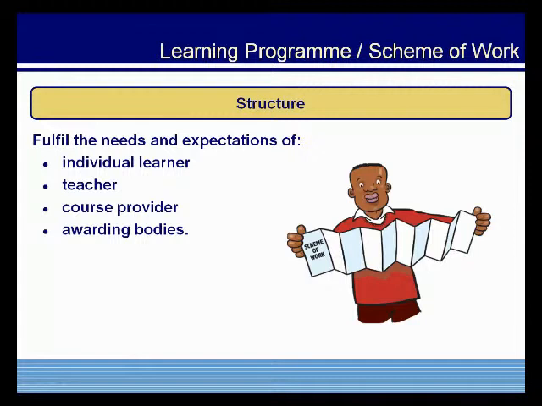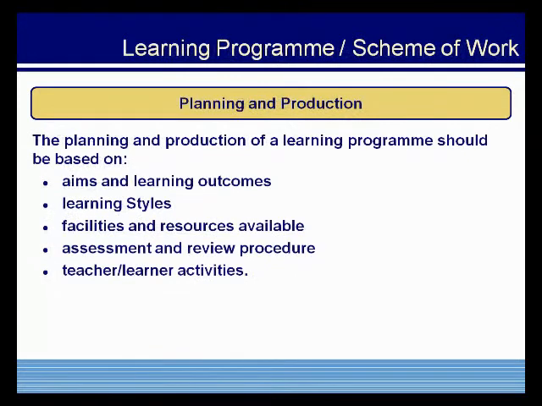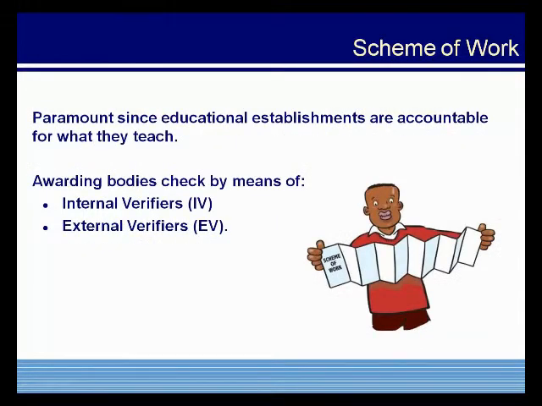The structure of a learning program or scheme of work. It must fulfil the needs and expectations of the individual learner, teacher, course provider and awarding bodies. Planning and production. The planning and production of a learning program should be based on aims and learning outcomes, learning styles, facilities and resources available, assessment and review procedure, and teacher and learner activities.